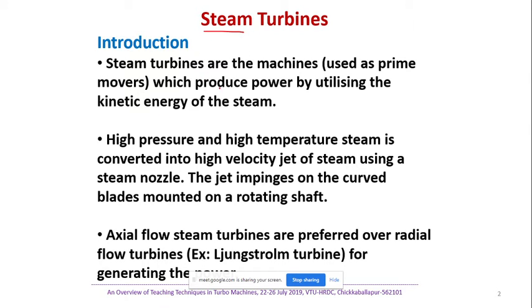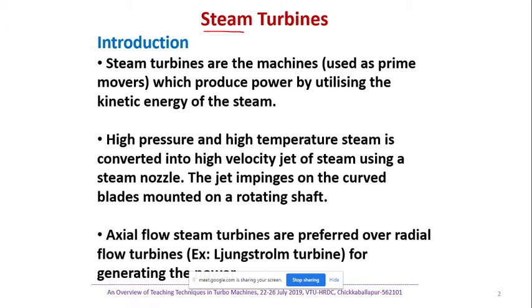The fluid with which the turbine is running is steam. For example, the Raichur thermal power station in Karnataka is one of the steam turbines. All those thermal power plants are steam turbines.